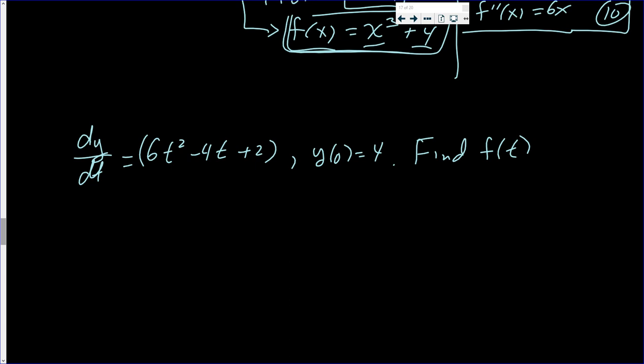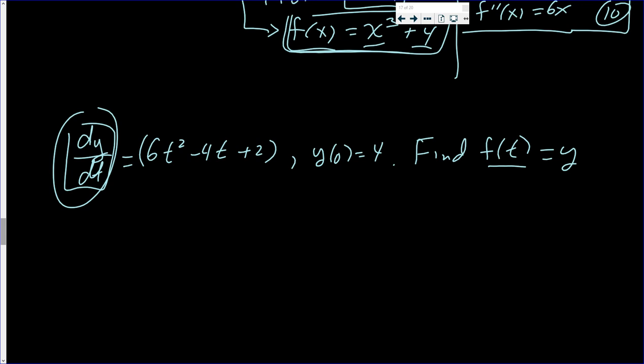So you're given the derivative and you want the original function, which is called y. You took the derivative of y. Well, if you undo the derivative, you'll get y.